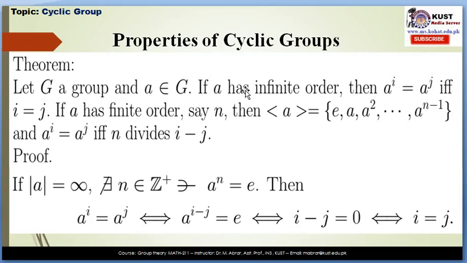If A has infinite order, then these two powers of A, a^i and a^j, are actually the same if and only if i coincides with j.